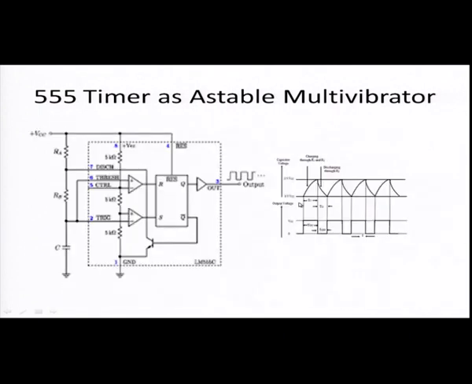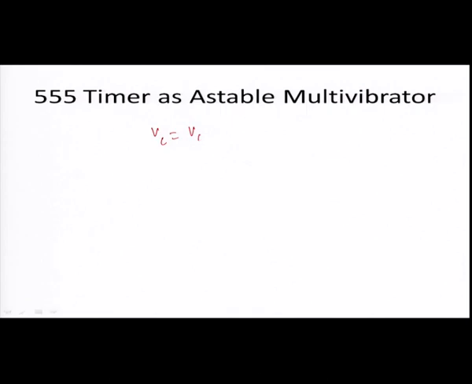And how will you calculate the time period of this particular output waveform? From the capacitor's charging and discharging, you have to calculate. Vc is the capacitor voltage and Vcc is the supply voltage: Vc is equal to Vcc times 1 minus e power minus t by RC, the same expression. At t is equal to T1, Vc will be 2/3 Vcc.